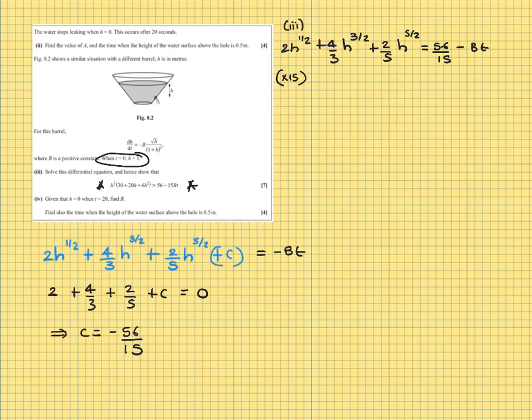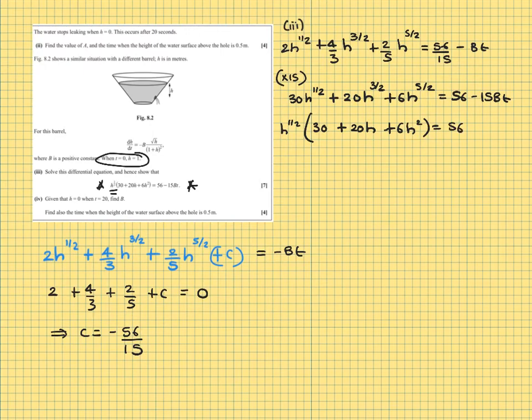So multiplying both sides by 15 gives me 30h to the half plus 20h to the 3 over 2 plus 6h to the 5 over 2 equals 56 minus 15bt. And then you can see here they've factorised out h to the half. So let's do that. So h to the half outside, we have 30 plus 20h plus 6h squared equals 56 minus 15bt.